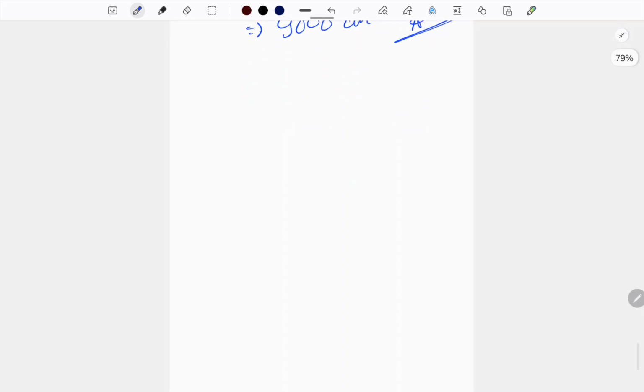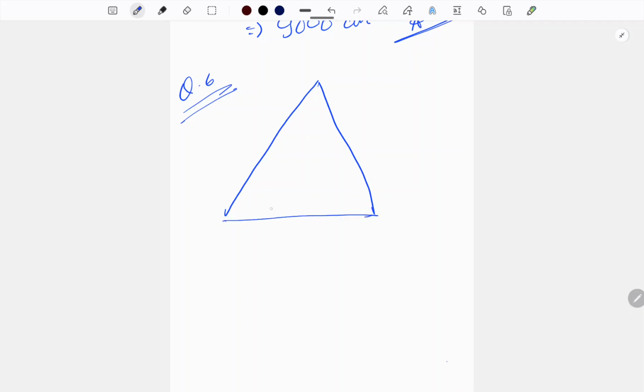Now last question of this chapter, question number 6. An isosceles triangle has perimeter of 30 centimeter and each equal side of 12 centimeter. Find the area of triangle. Isosceles triangle, these two sides are equal, A, B and C, and perimeter is 30 centimeter and equal side is 12 centimeter.